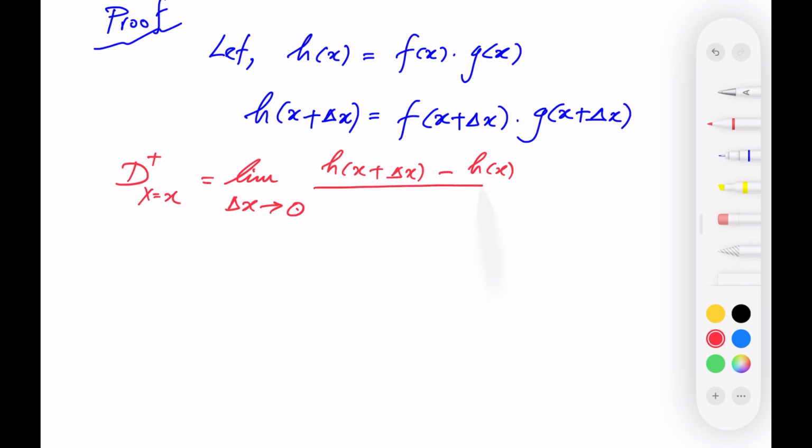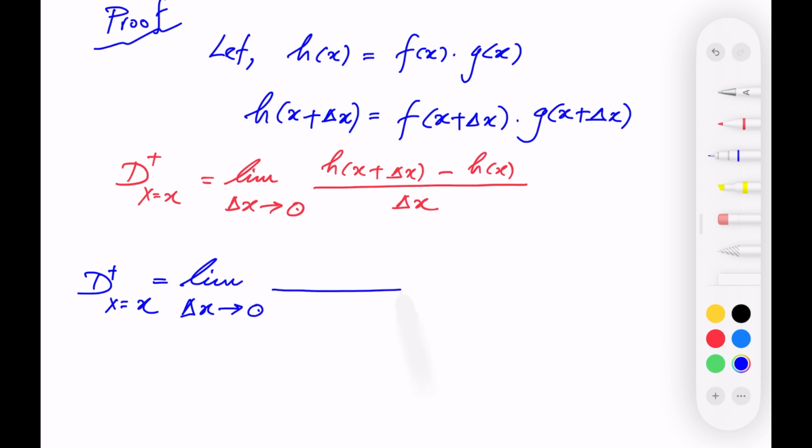All of that has to be divided by delta x. I'm going to go ahead and replace h of x plus delta x and h of x in the context of this problem. Then it becomes D plus at x equals x equals limit as delta x approaches 0.